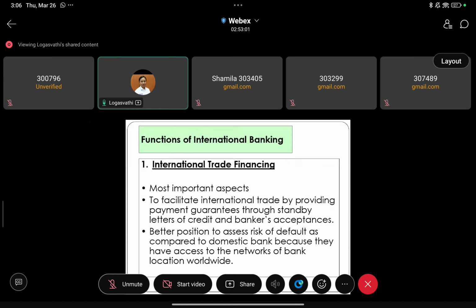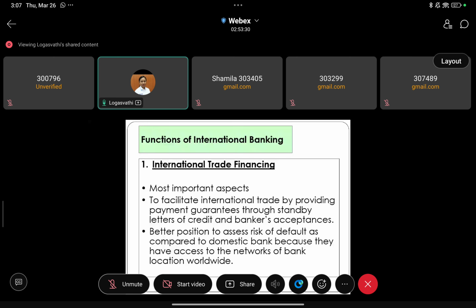If we look at the first one, international trade financing, it basically means the international bank facilitates or helps international importers and exporters to do business. How? By providing financing, guarantees, and documentation, such as guaranteed payment, letter of credit, banker's acceptance, banker's guarantee, bills, shipping bills, bill of lading, and so on.